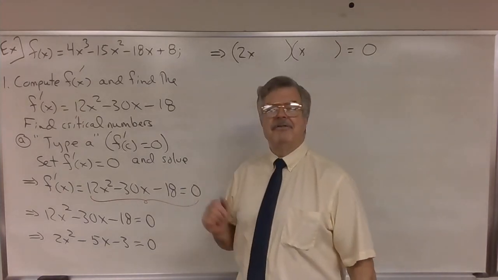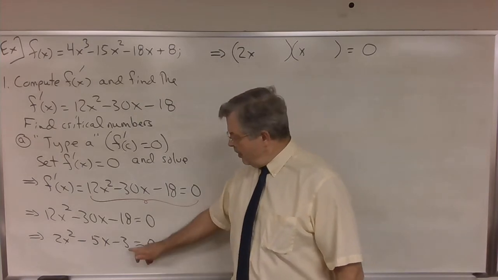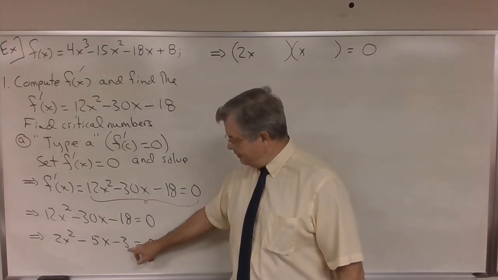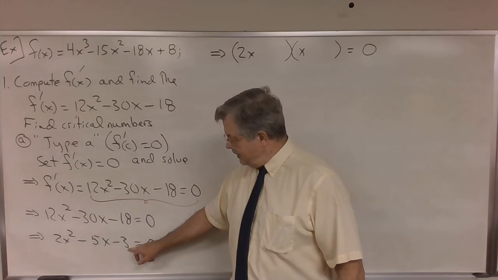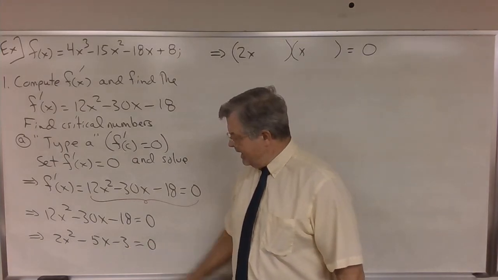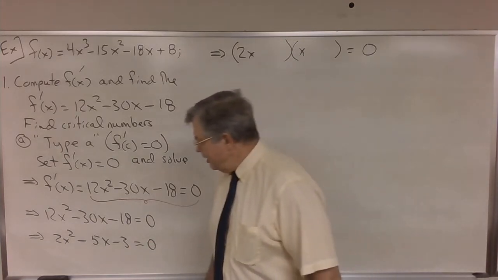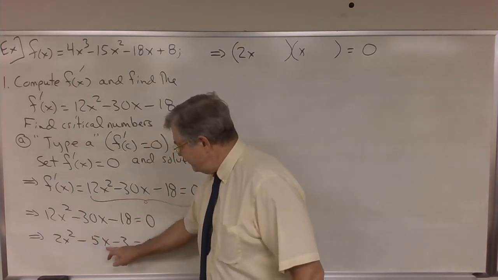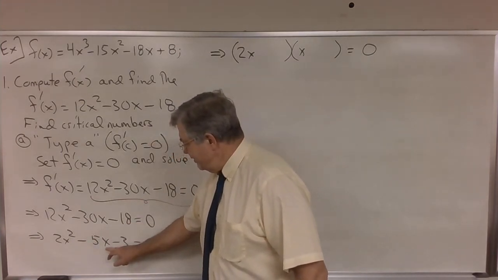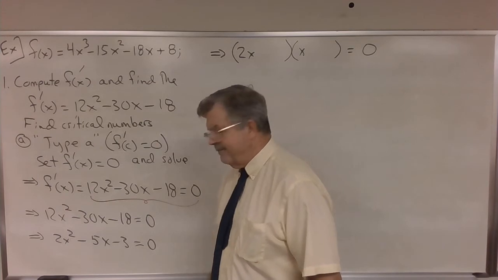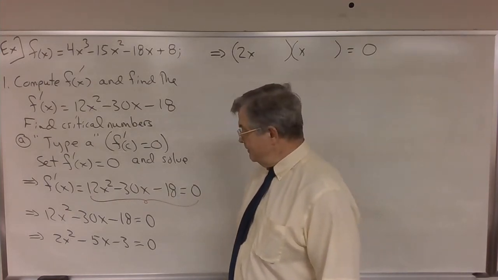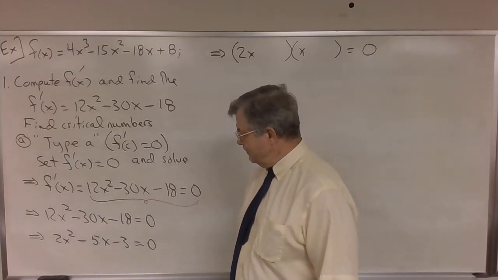And the best place to look for those factors are the whole number factors of the constant term. So let's see, 1's a factor, I'll plug that in. And if I plug in 1, I get 2 minus 5 is negative 3 minus negative 3, 0. No, that's not going to work.